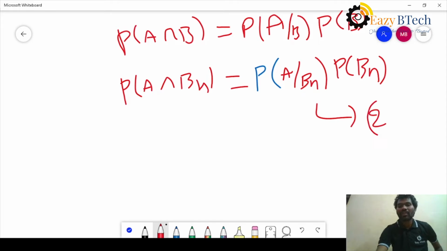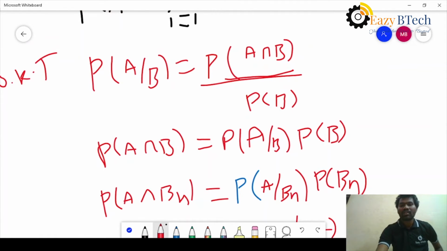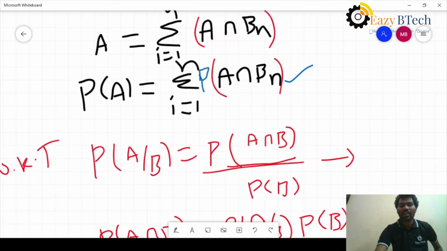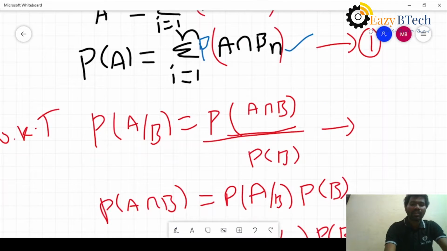I am assuming this one as equation 2, and I am assuming the earlier one as equation 1. I will substitute 2 in equation 1.